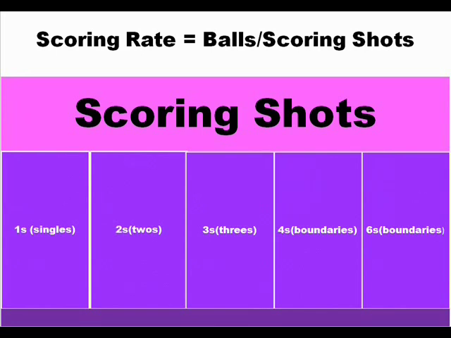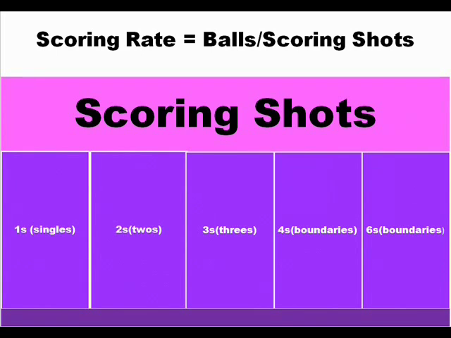Because if we add up the scoring shots and divide by balls faced, we would know exactly what a batsman's capacity to score runs in an innings is and how his team is moving along. And on the other hand, we would also know how much a bowler is conceding and after how many balls he is conceding a scoring shot.